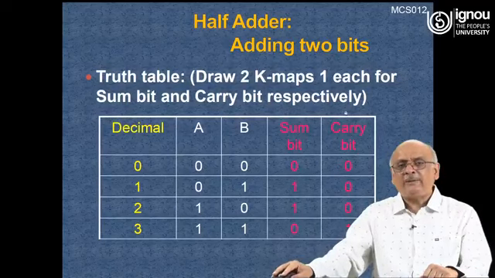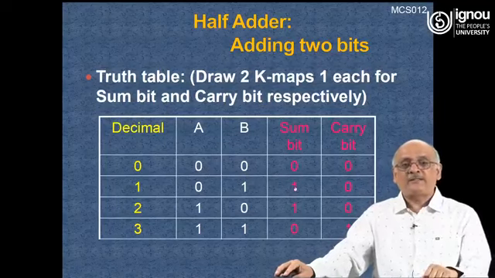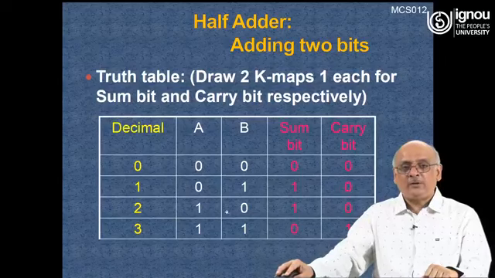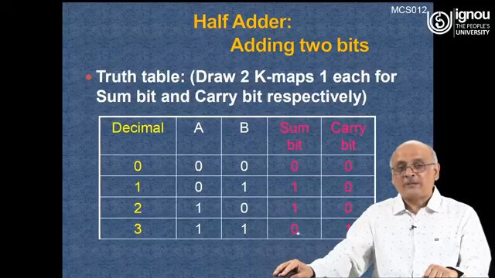Now look at the carry bit. 0 0 gives a sum bit of 0 and a carry bit of 0. 0 1 gives sum bit 1, carry bit 0. 1 0 gives sum bit 1, carry bit 0. And 1 1 gives a sum bit of 0 and a carry bit of 1, because 1 plus 1 becomes 2, which is 10 in binary, right?